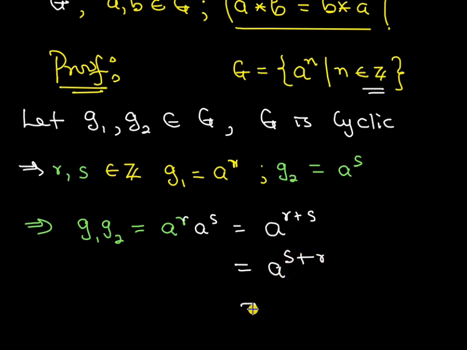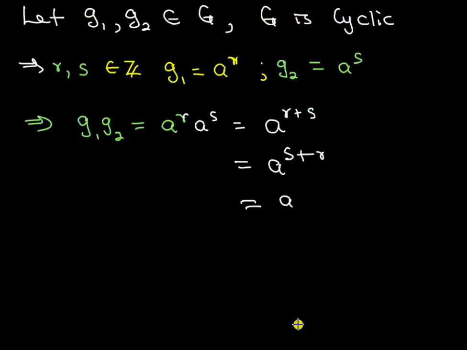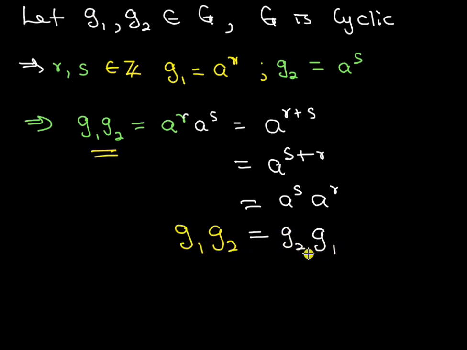Okay, so what does that mean? So I can now interpret this again as A raised to power S times A raised to power R. Okay, and this is the same thing as G2 G1. So I've been able to show that I started from G1 G2 and I've shown that it is equal to G2 G1.